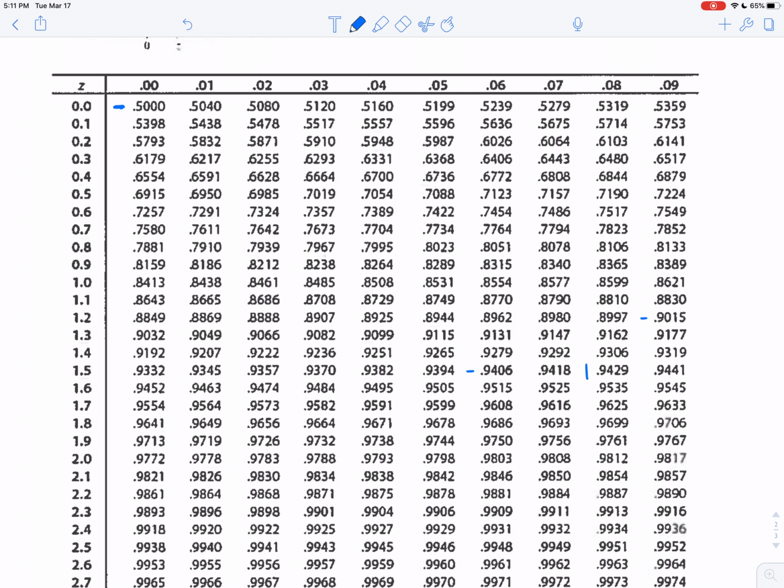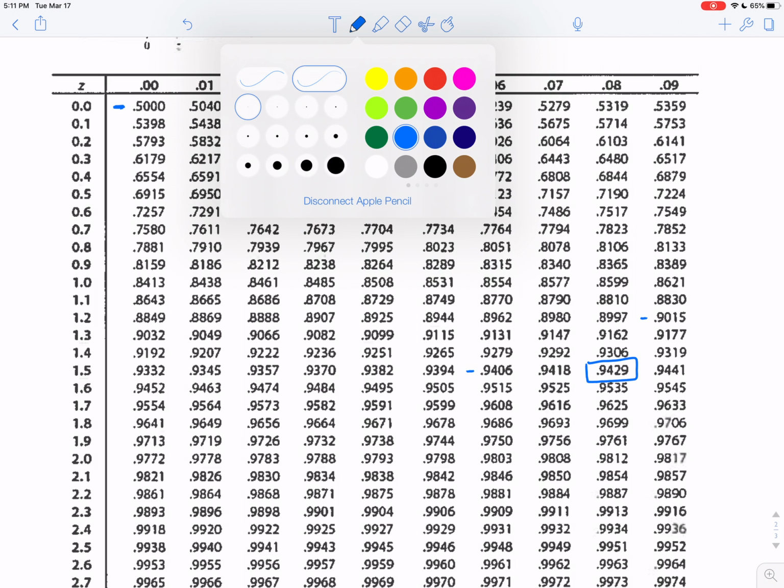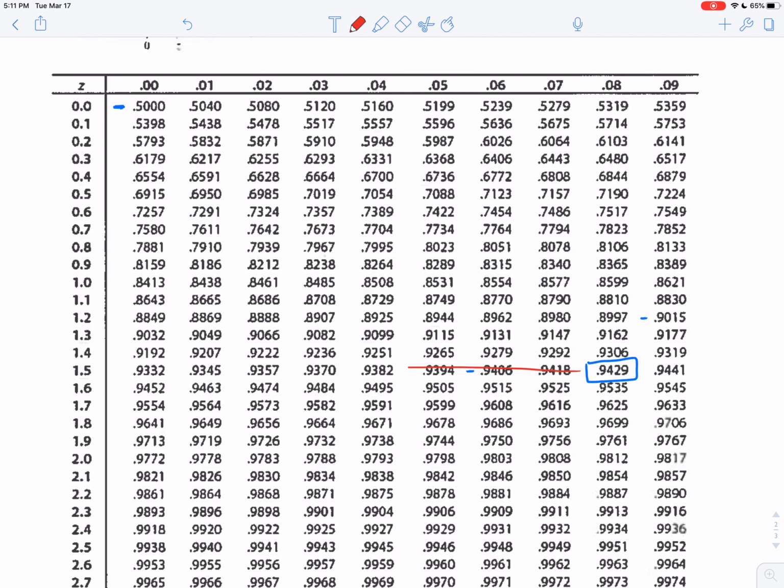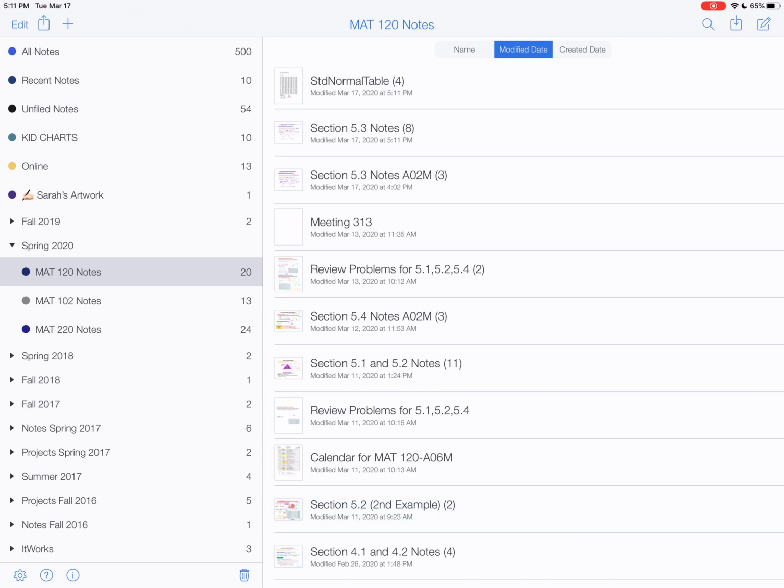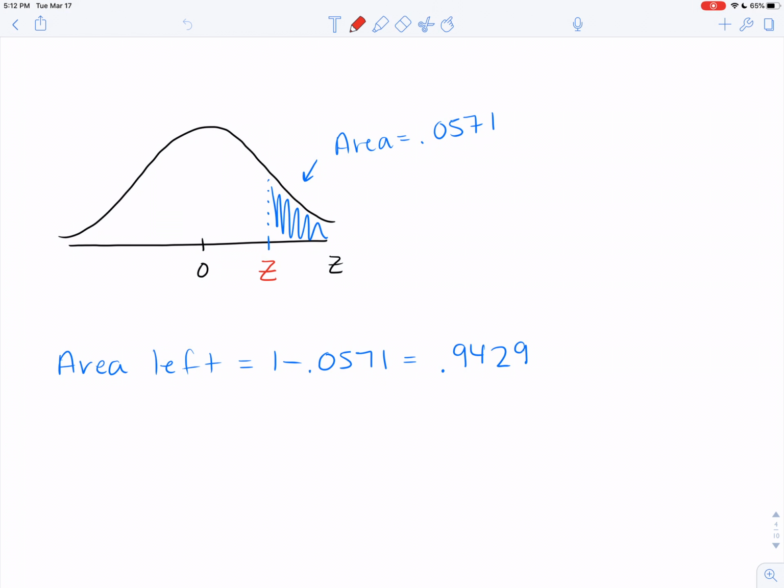And if I keep moving along, then I see the area to the left that I want, which is 0.9429. And then reading off the z-score, this would correspond to a z-score of 1.58. So the answer to my question here, the z-score that corresponds to the given area to the right is a z-score of positive 1.58.